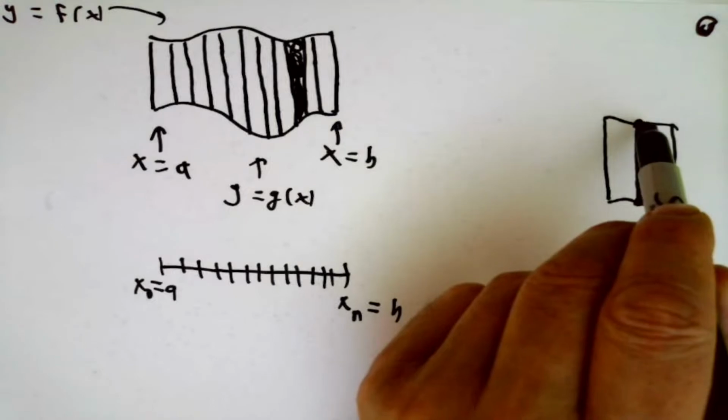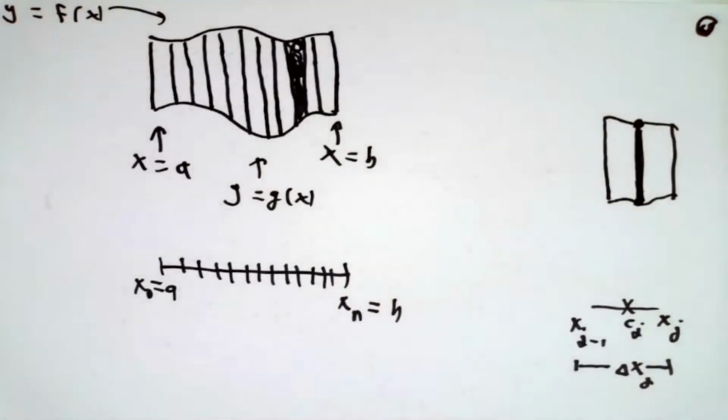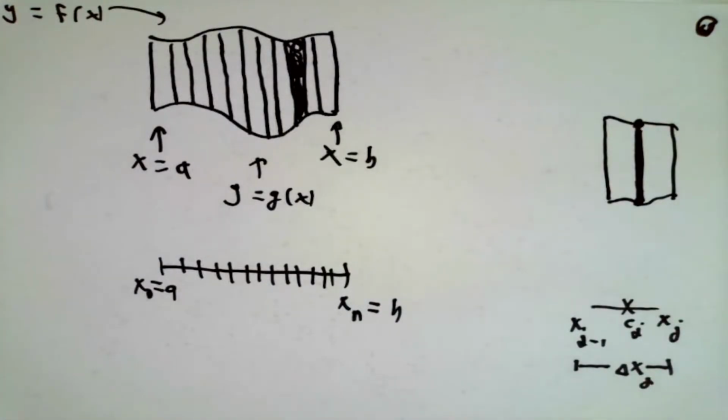Above this point, there are no points in the region of interest. I'm going to approximate this region by a rectangle that's delta x number j horizontally. To find its area, all I have to do is to estimate the height of it.